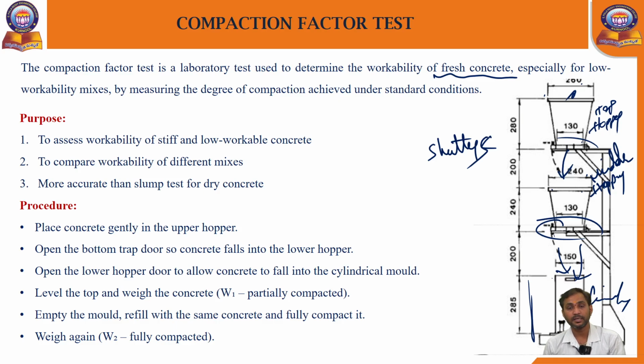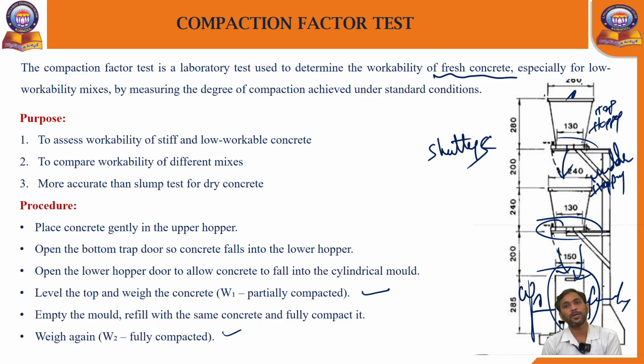Then measure the weights W1 and W2. What is W1? The weight of the partially compacted concrete in the cylinder, which is transferred from the hoppers to the cylinder. That is partially compacted, and we measure its weight, W1.